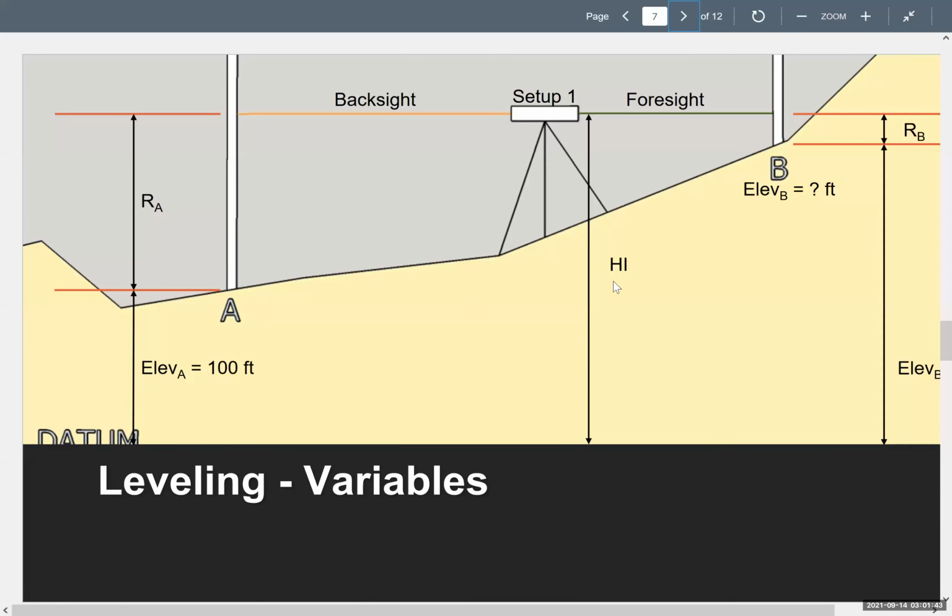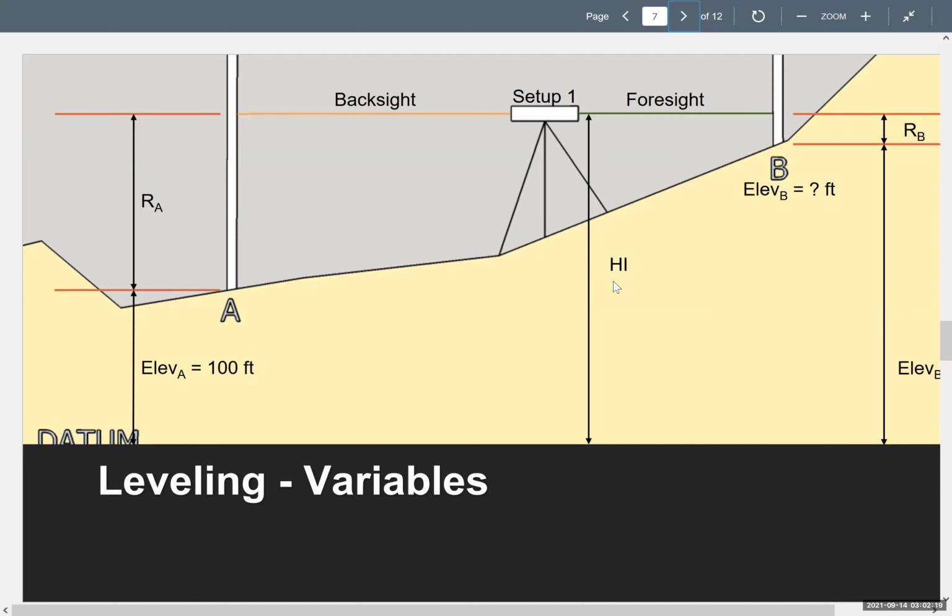So we saw the term HI before, height of instrument, and I'll remind you of it. Our first day of class, we looked at trigonometric leveling, and there was something called the height of instrument. And it was indeed the height of the instrument. You know, if I'm 5.5, I'm gonna set my instrument eye up to here. I don't want to be squishing down and I don't want to be tiptoeing. I want to be right here. And that really is the height of the instrument. The instrument height is from the ground. We measure our height from the ground.